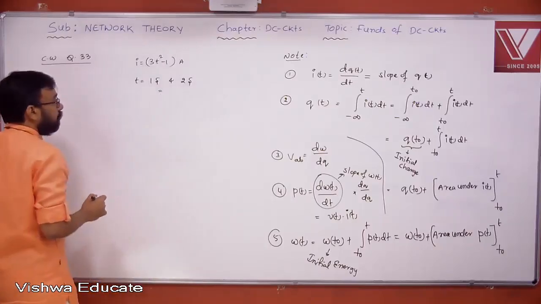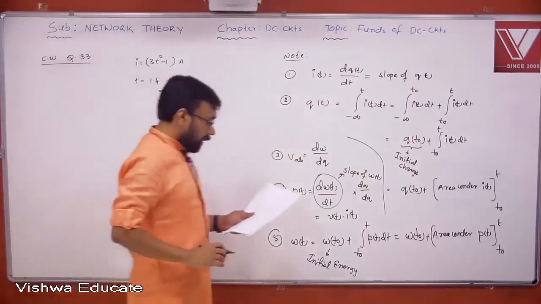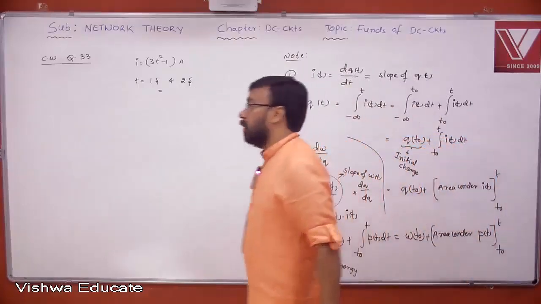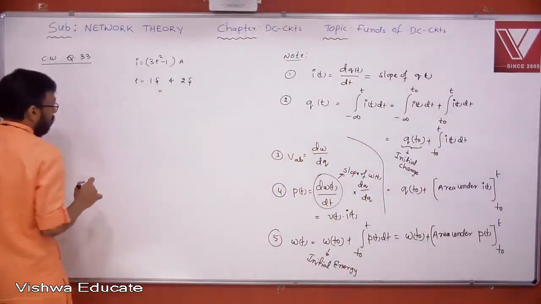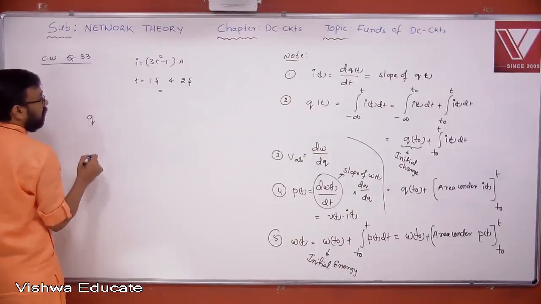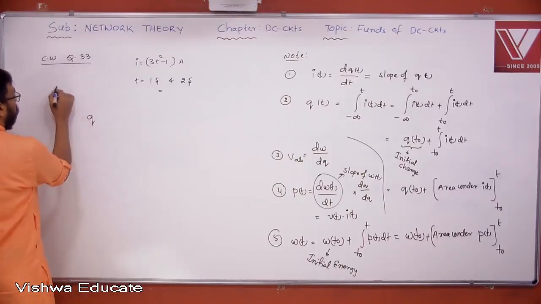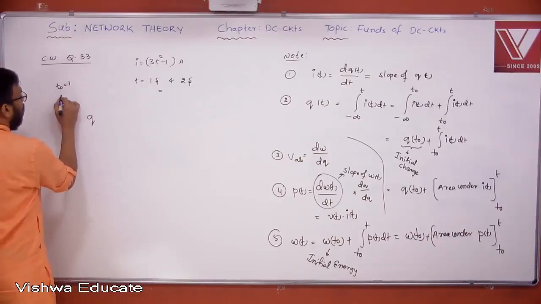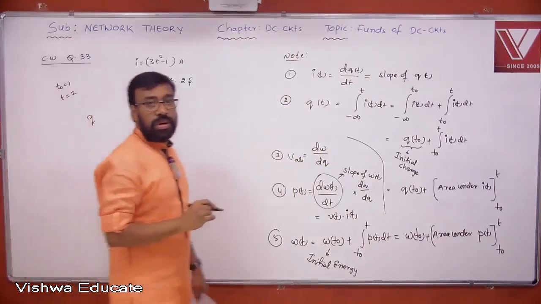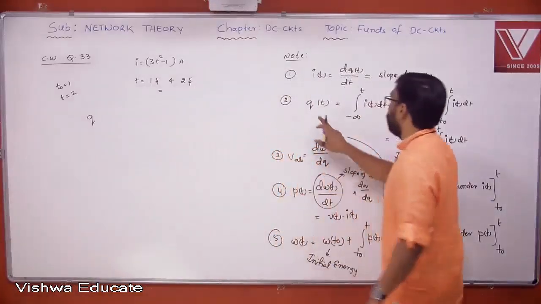Between. Now, look at this. Determine the total charge entering a terminal between. The charge between, you can say, 1 to 2. This is t0 is 1 and t is what? 2. Yes or no, all of you? Look at this charge formula.